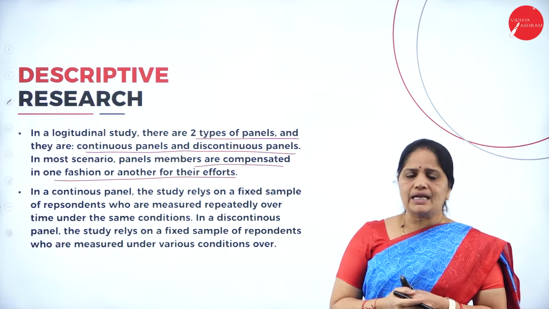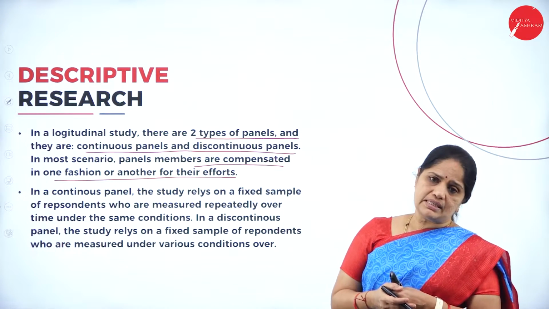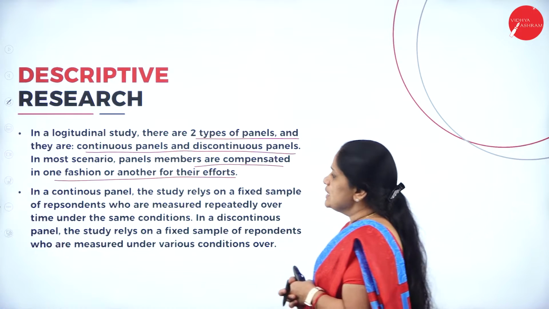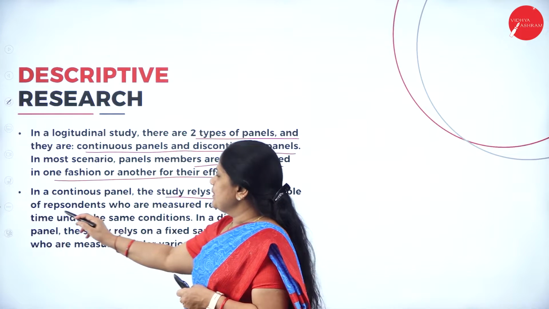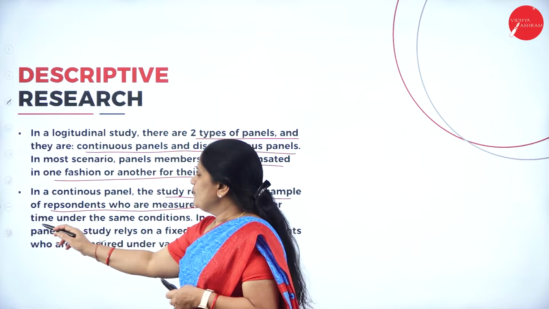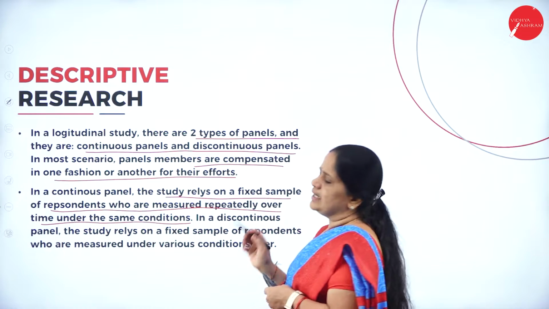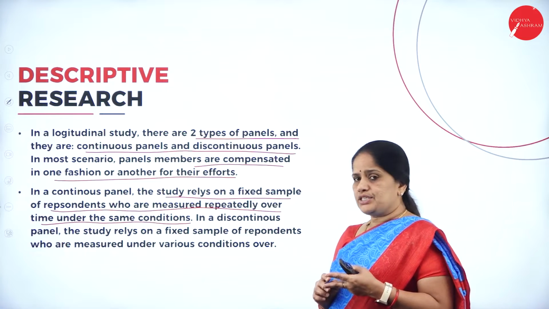So, whenever you are collecting information from these panels, they have to be compensated for all their efforts. In a continuous panel, the study relies on a fixed sample of respondents who are measured repeatedly over time under the same conditions.